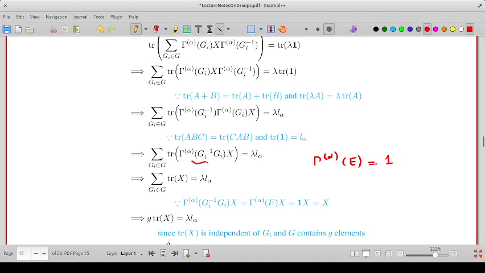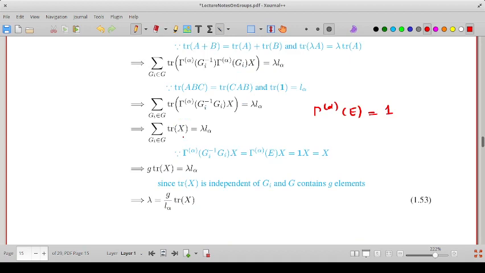So here this is equal to E, and gamma of E is simply the identity matrix. The identity matrix times X is simply X. So on the left hand side, I have sum over gi, trace of X equal to, on the right hand side, lambda times L alpha.